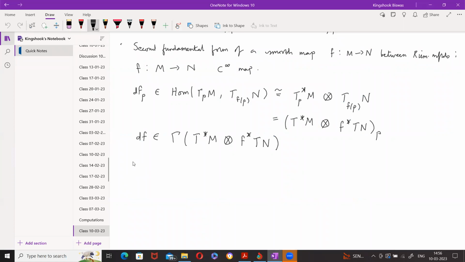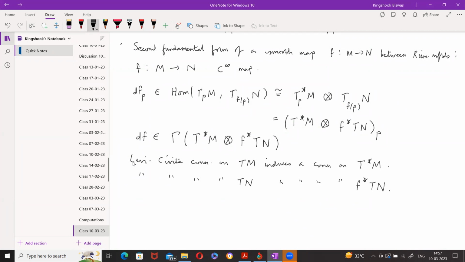We have the Levi-Civita connection on TN, which induces a natural connection on T star M, and the Levi-Civita connection on TN induces a connection on F star TN, the pullback connection which we just described.